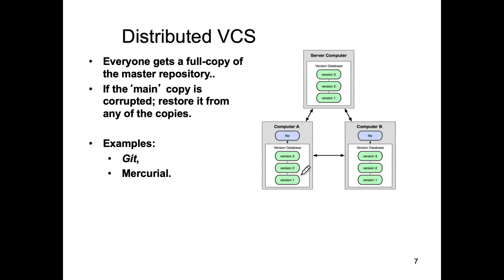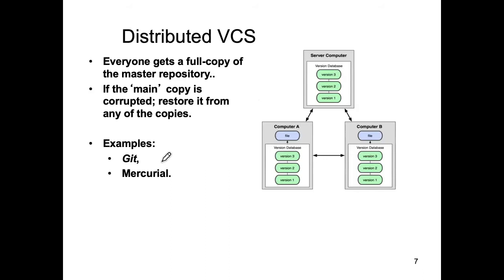You don't have to worry about it as an individual. You just work away with your local repository that resides on your local machine, and the underlying software will take care of syncing up all of the other ones. That's the way Git works. Not only Git, but there's another one called Mercurial, which works along the same idea.